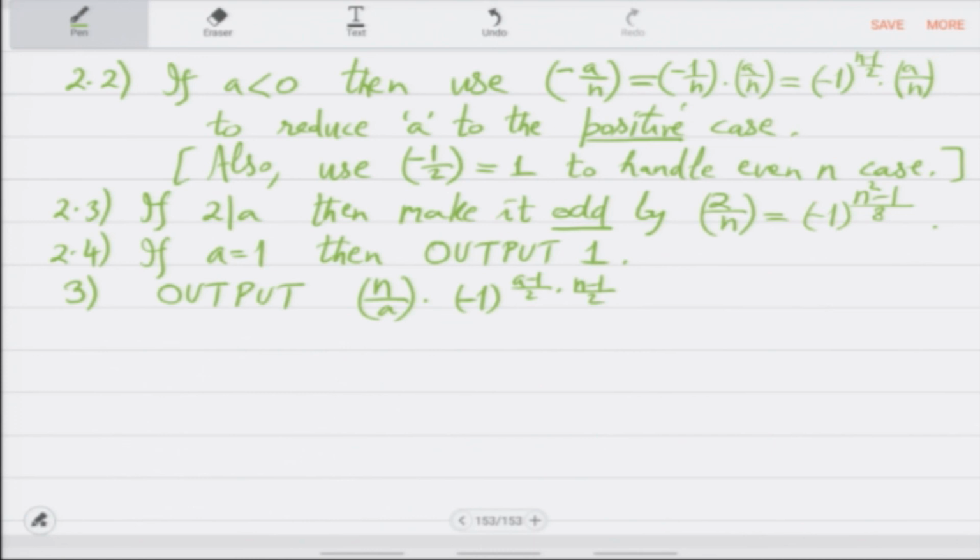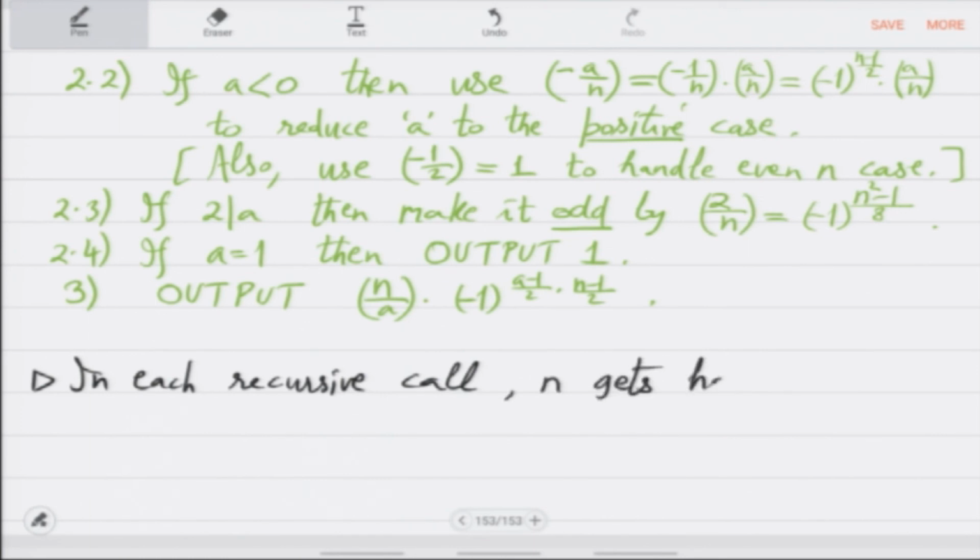So in every step we are halving, just like Euclid GCD. In each recursive call, n gets halved.